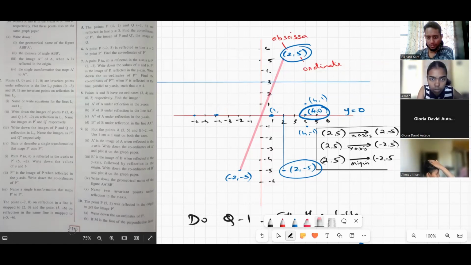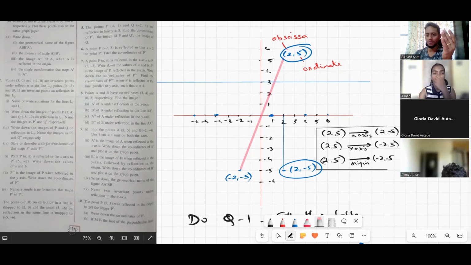Understood the question, everyone? You have to just use logic and calculate. Think of this line as a mirror and figure out if this is the point 2, 5. If it reflects on this line y is equal to 3, where will its reflection be?